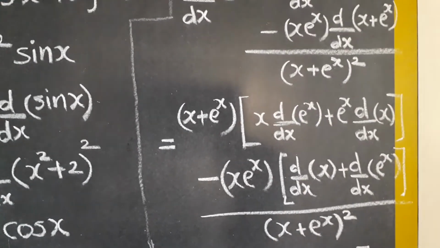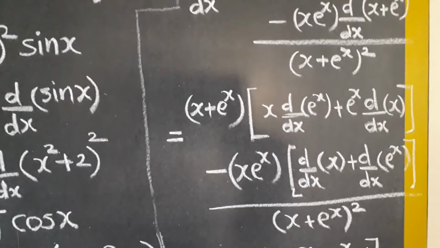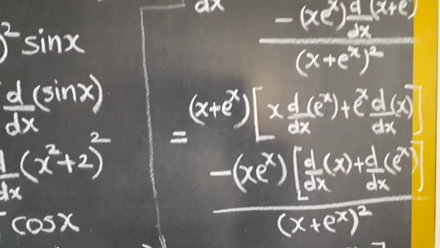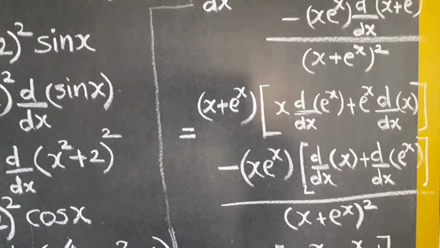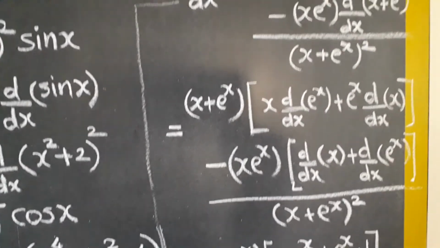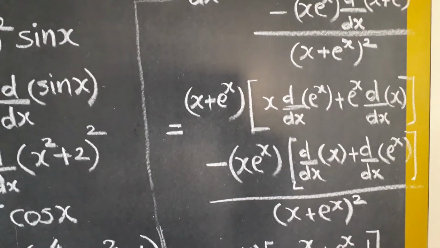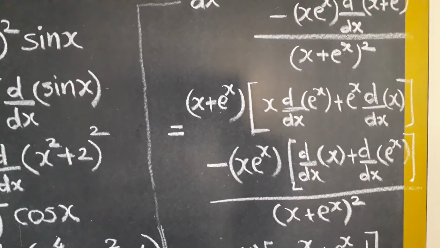Now we will find the derivative of each one. If we are able to write it directly, yes, I know that the derivative of e raised to x is e raised to x. The derivative of x is 1. The derivative of x is 1 once again, and the derivative of e raised to x is e raised to x.